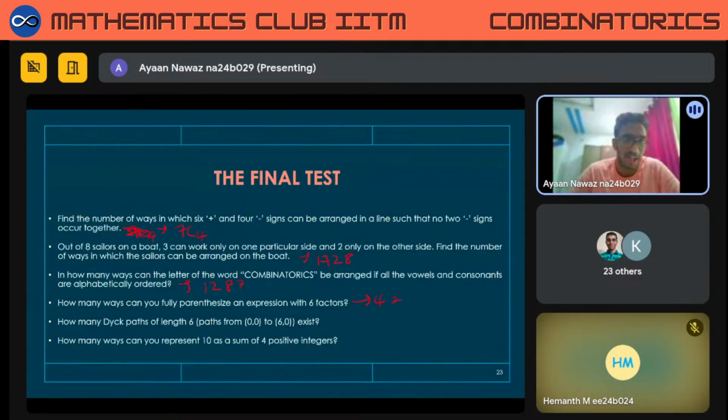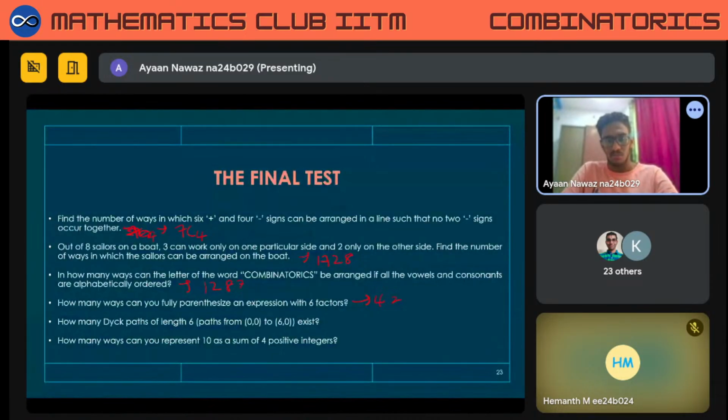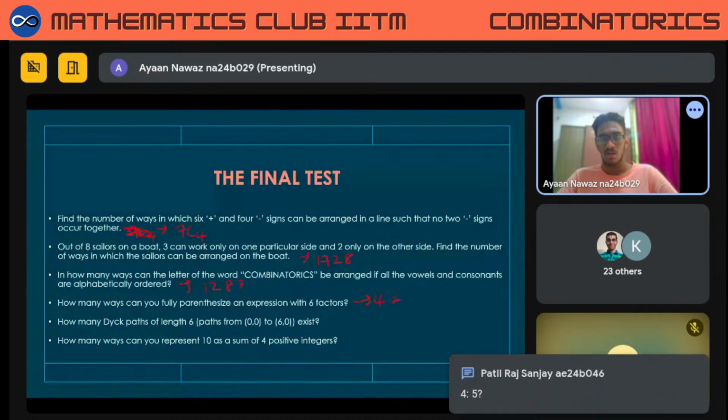Next, how many Dyck paths of length 6 from (0, 0) to (6, 0) exist? Again, this is also a basic Catalan number question, which you can solve yourself. Dyck paths from (0, 0) to (6, 0) of length 6.